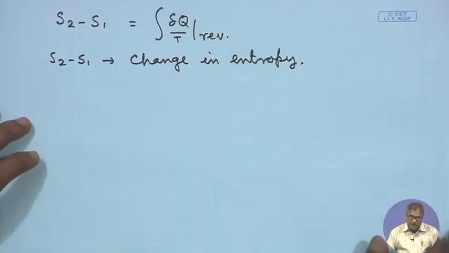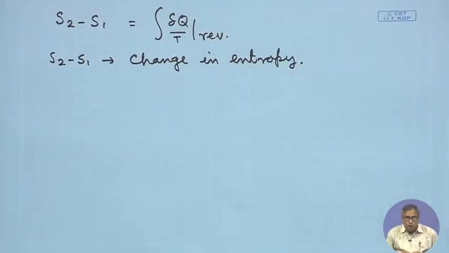So, entropy change is related to the process of heat transfer, and you see again heat transfer has a sign convention. So, accordingly the sign of entropy, whether there is a positive change or increase in entropy or decrease in entropy, entropy being a property, will depend on the sign or direction of heat transfer.